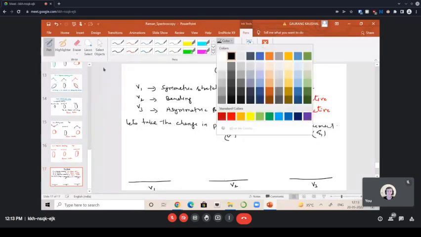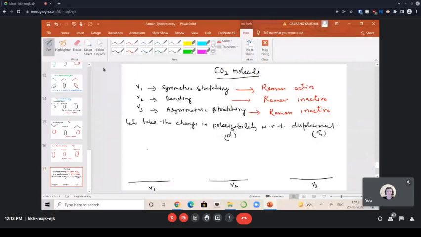In the symmetric stretching, for example, this is the y-axis and this is 0. This point represents alpha naught, the polarizability at equilibrium, that is, the polarizability of that particular molecule without any stretching or bending.